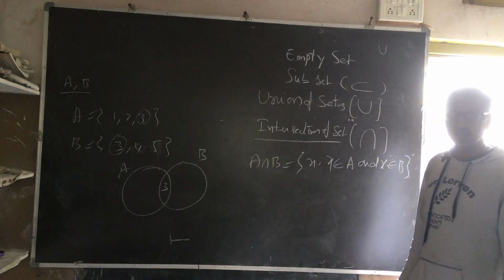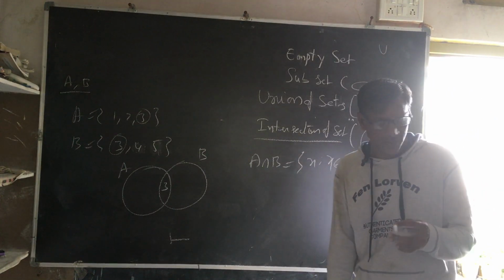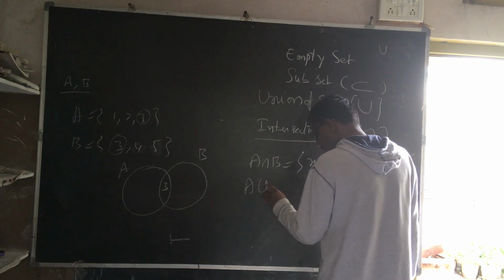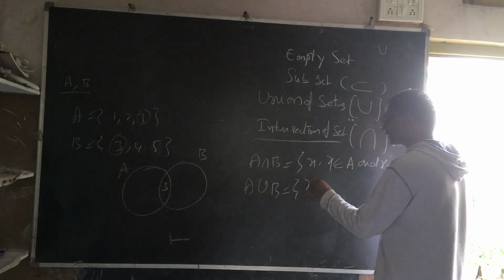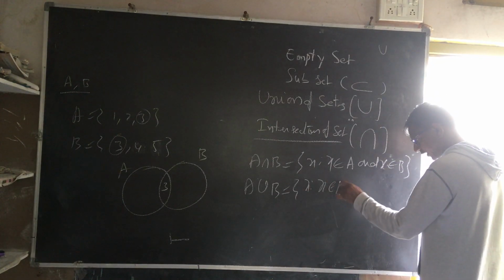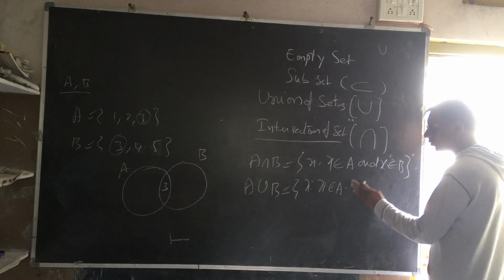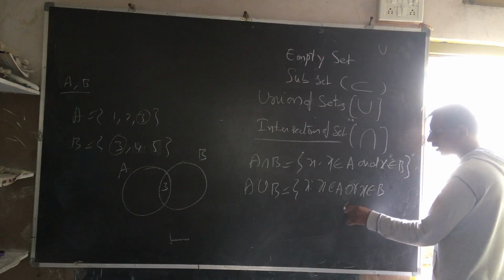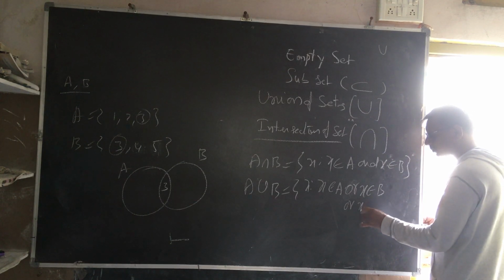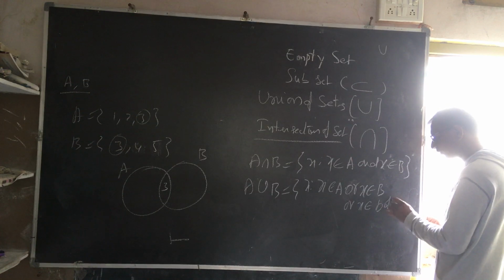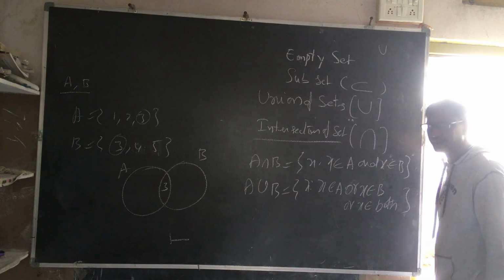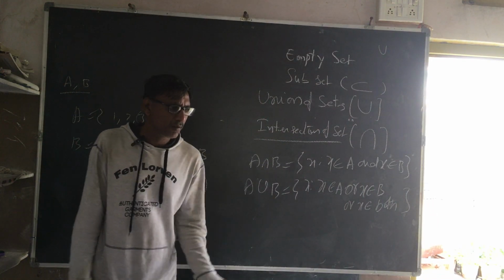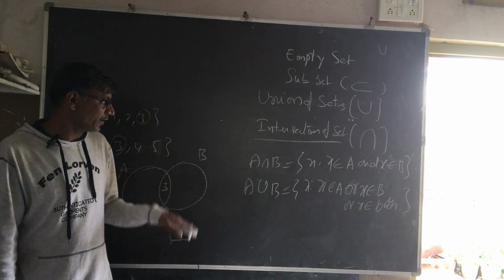And means they should be in A, and it should be in B. Suppose if you want to define A union B: x such that x belongs to A or x belongs to B or x belongs to both. This is very, very important. Maybe in A, maybe in B, maybe in both. This is very, very important.